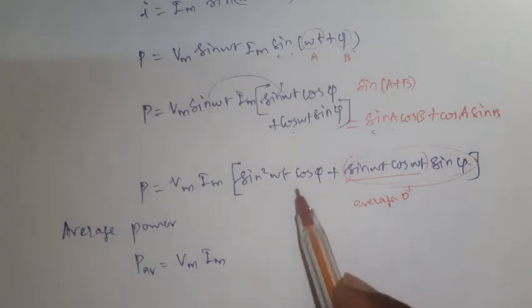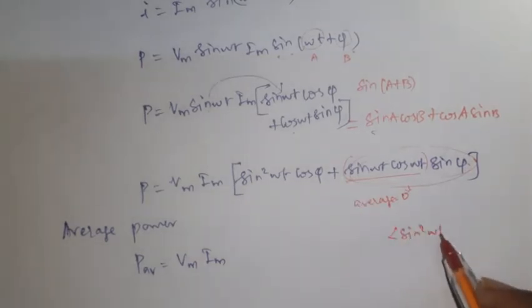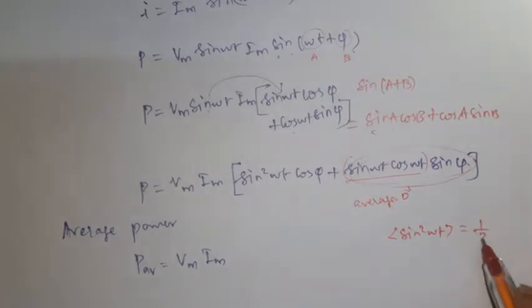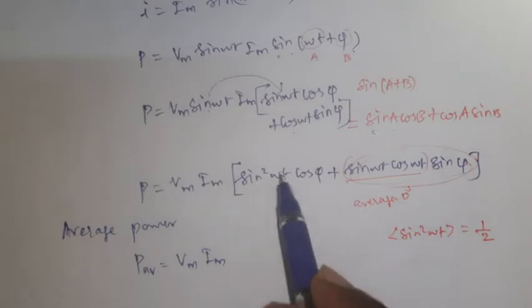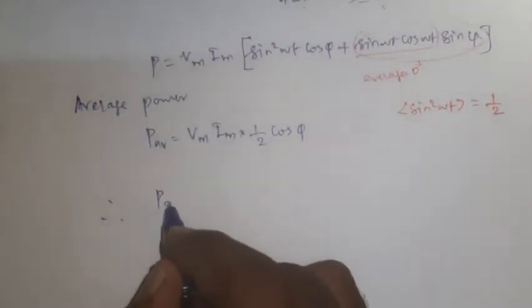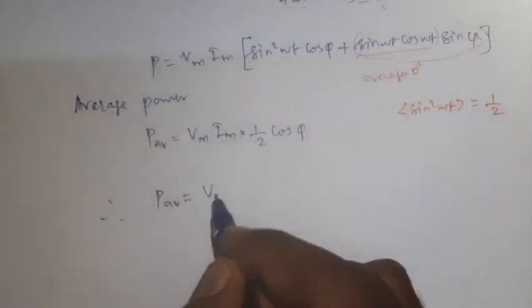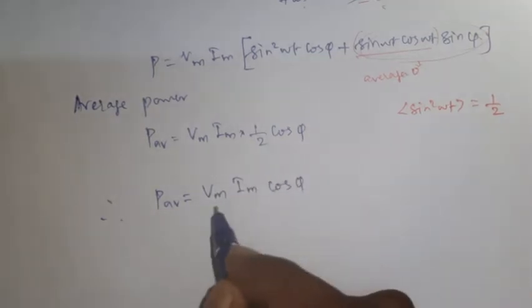Then sin square omega t into cos phi: the average value of sin square omega t is 1 by 2. Therefore, average power PAV is equal to Vm Im cos phi by 2.